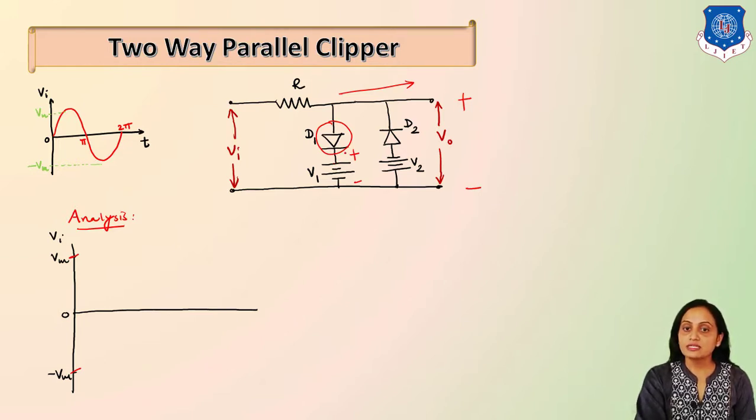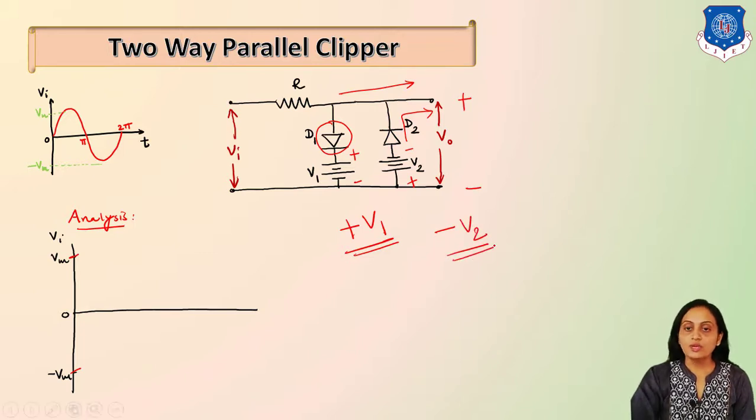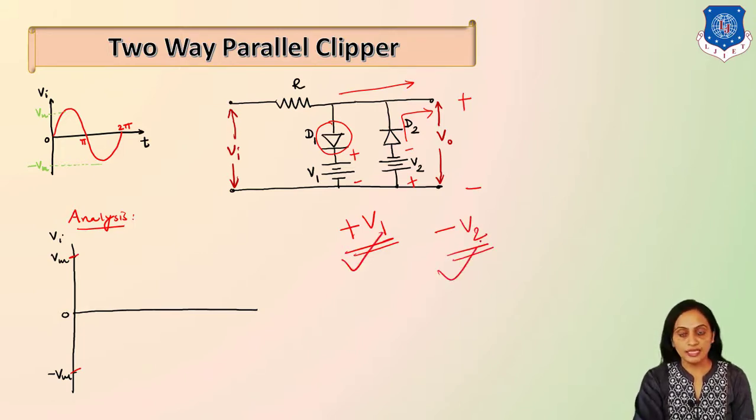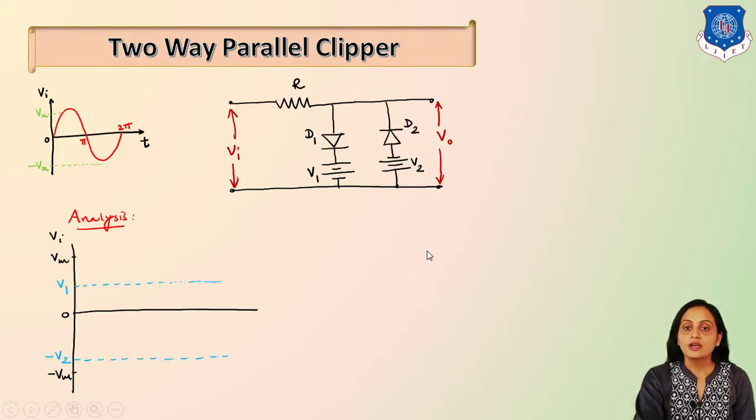That's why we will consider reference voltage V1 positive. And for V2, you find over here this is the negative and this is the positive, so the negative terminal is connected towards the output positive. That's why we will consider V2 as the minus V2 reference voltage. So we are going to plot these two reference voltages in the analysis, plus V1 and minus V2, over here.